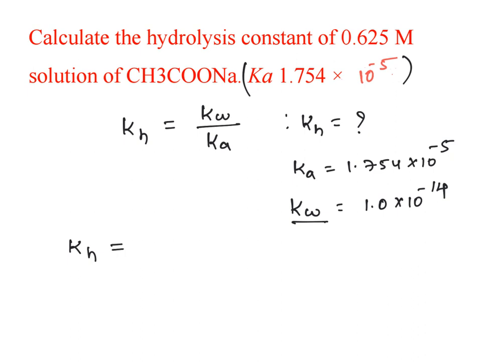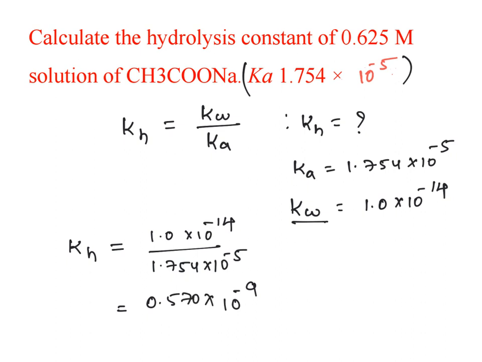Now substituting these two values in the formula, Kh equal to Kw, 10 power minus 14, by 1.754 into 10 power minus 5. If I take 10 power minus 5 above, it becomes 10 power minus 14 plus 5, which is 10 power minus 9. 1 by 1.754 is equal to 0.570, so 0.570 into 10 power minus 9.